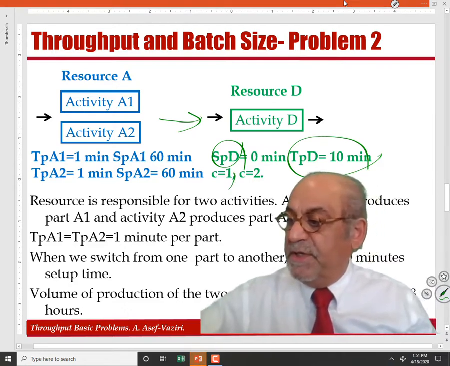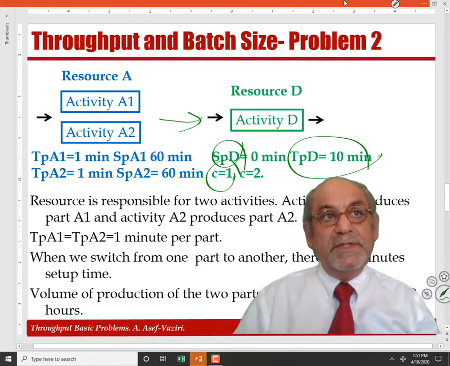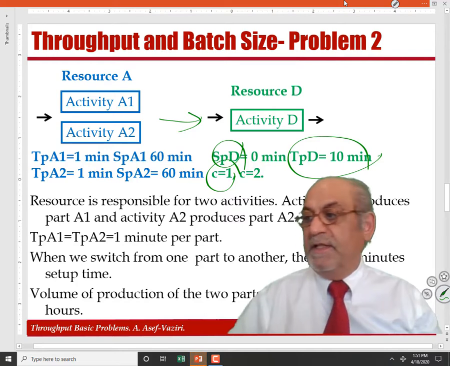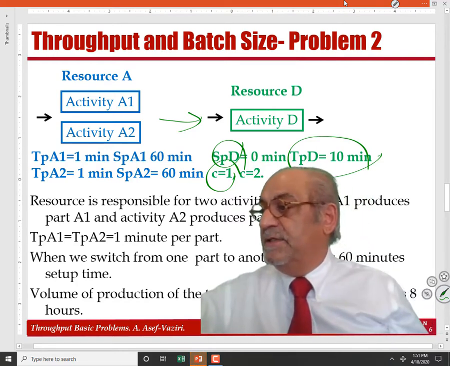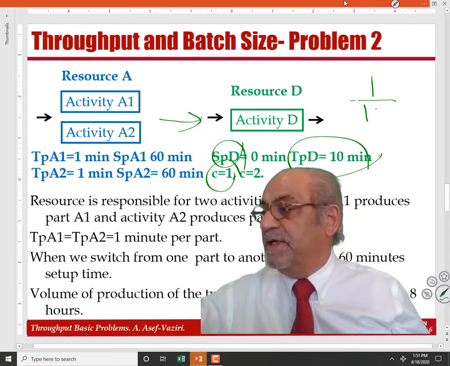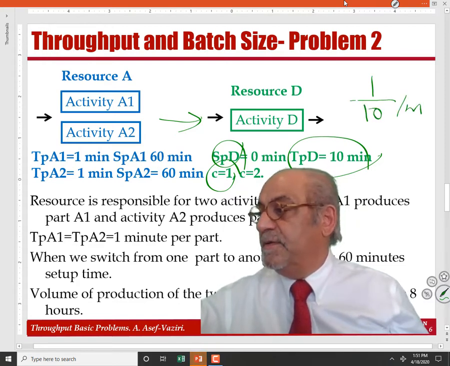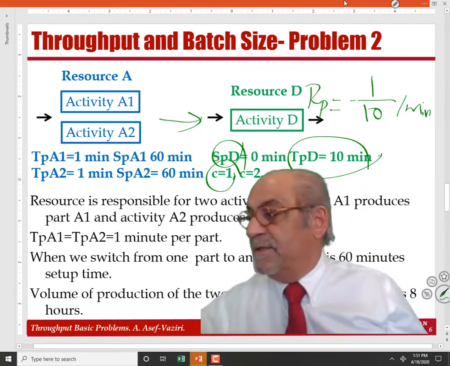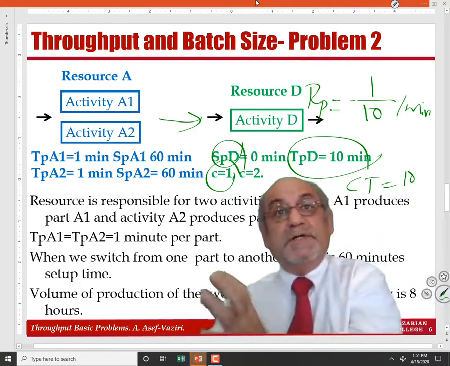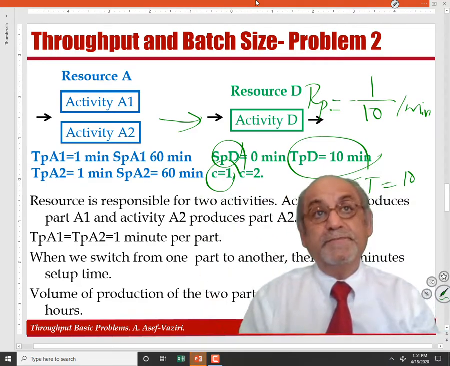For the time being, suppose there is only one resource in resource pool D. Therefore, activity D will have a capacity of 1 over 10 per minute, and its cycle time would be 10 minutes. Every 10 minutes, one product D can go out.